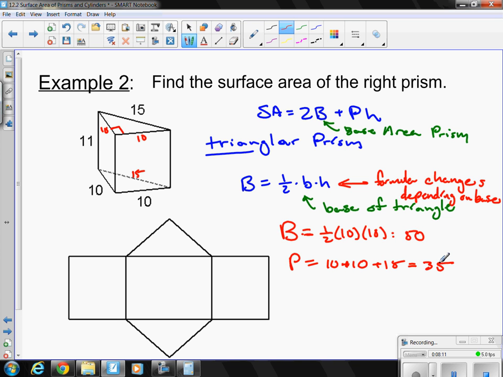And the height is the distance between the bases, measured at a right angle. That distance is 11. Once I figure this out, I can plug it into the formula and get my answer. Surface area equals 2 times 50 plus 35 times 11.